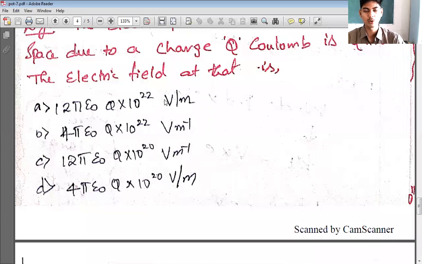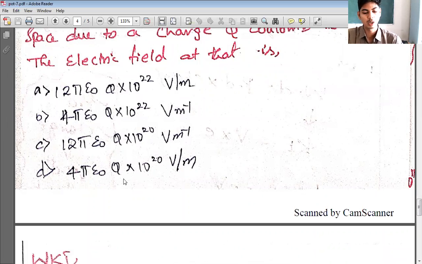Look at the options: 12 pi epsilon naught q into 10 power 12, 10 power 22, 4 pi epsilon naught q into 10 power 22, 12 pi epsilon naught q into 10 power. The options are required in terms of pi epsilon naught.